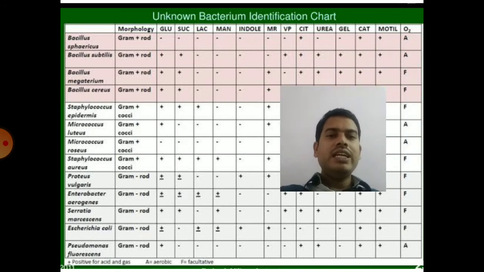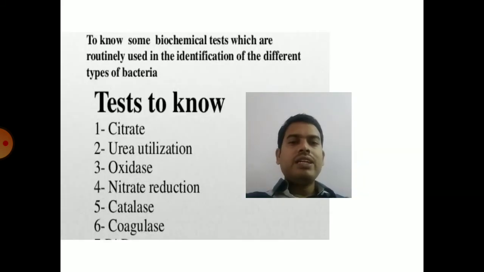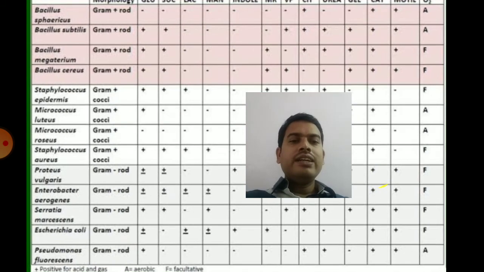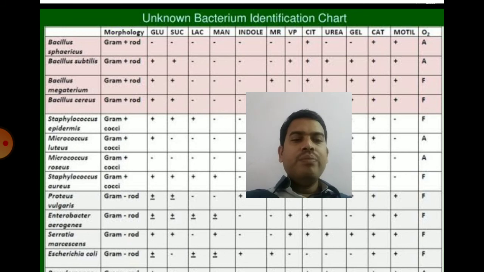The biochemical tests are like this: citrate utilization test, urea utilization, oxidase test, nitrate reduction test, catalase test, coagulase test, triple sugar iron test, etc. And this is the chart that is showing identification of bacteria based on the biochemical tests.